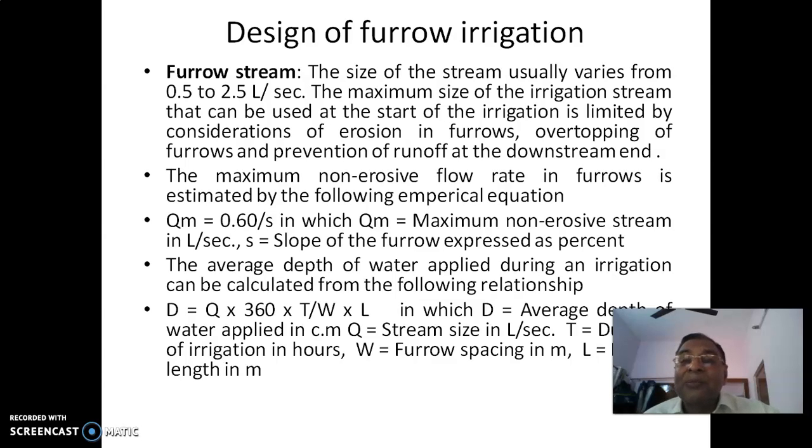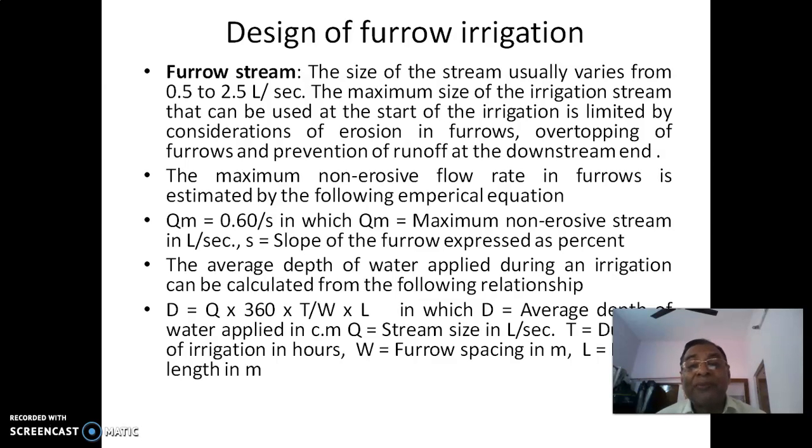The size of the stream usually varies from 0.5 to 2.5 liters per second in furrow irrigation. The maximum size of irrigation stream that can be used at the start of the irrigation is limited by considerations of erosion in furrows. You may have suitable soils, but you cannot control other things, like erosion in the furrows, so you cannot have a very big stream.